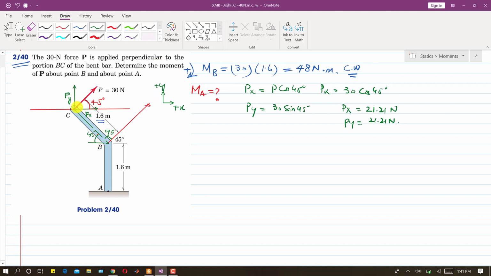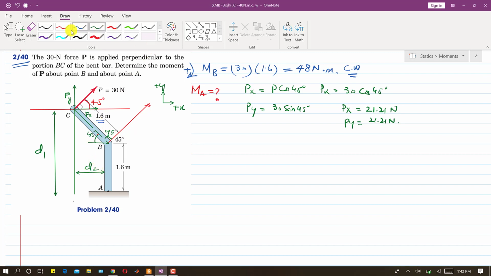Now if I draw a vertical line from here, then this distance will be the perpendicular distance of Px from point A, right? Let's suppose this distance is d1. And the perpendicular distance of Py from A will be this distance. Let me write here, this distance is, let's suppose, d2, right?